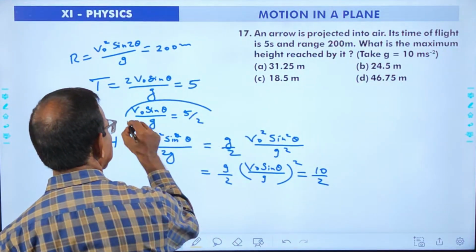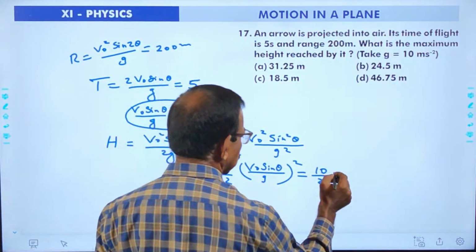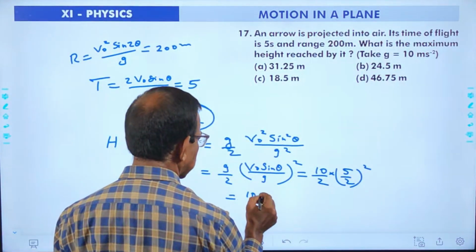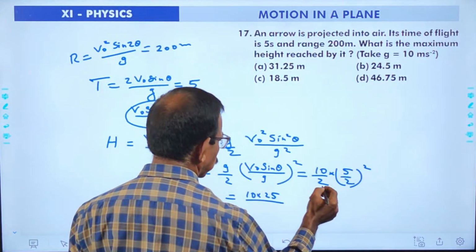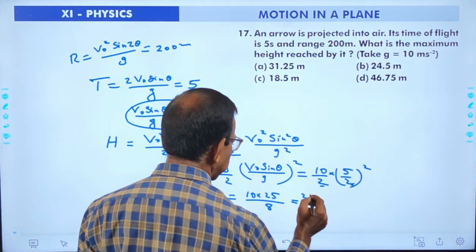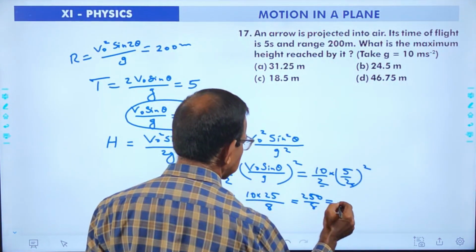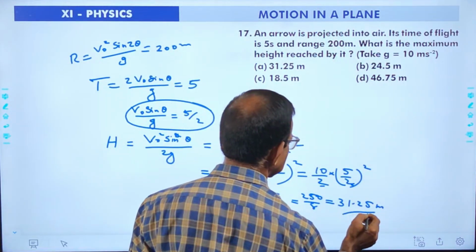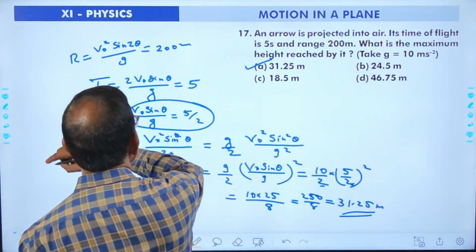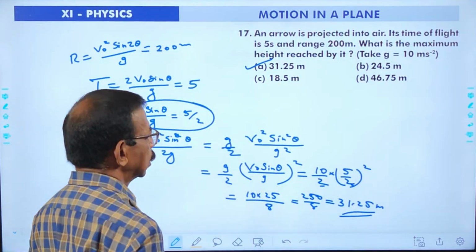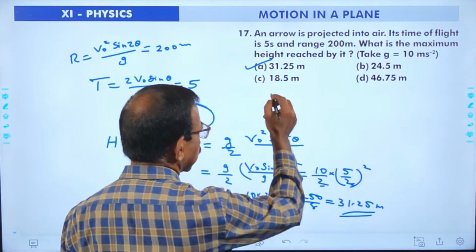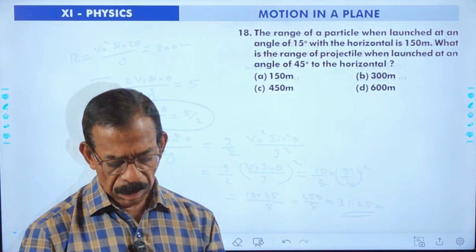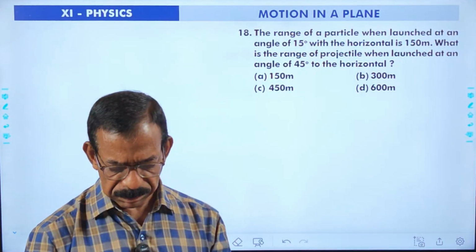Then we have the relation V0 sin theta by G is 5 by 2, and we put the value 5 by 2 square. The remaining will be 10 into 25 divided by 2 into 4, that is 250 by 8. And we will get the value as 31.25 meter. Here another data is also given, R equal to 200. Here it is not used. The correct answer is A, 31.25 meter. Answer is option A.